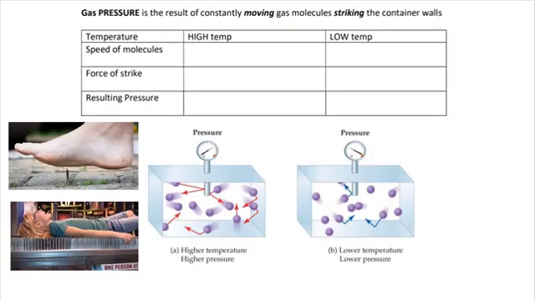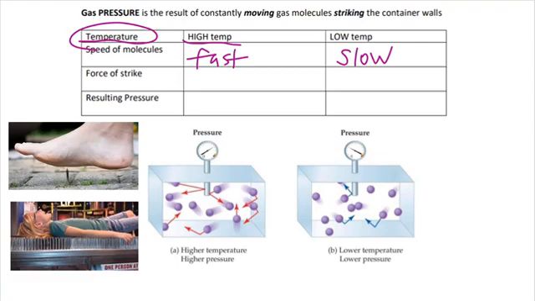So, gas pressure is the result of constantly moving gas molecules that are striking the container walls. Temperature is a huge piece here when it comes to pressure. If I have a high temperature, that means the speed of my molecules is very fast. If I have a low temperature, then my particles are moving very slow.